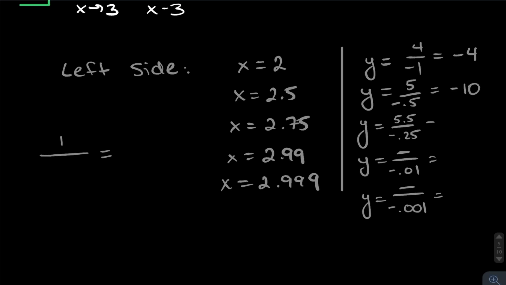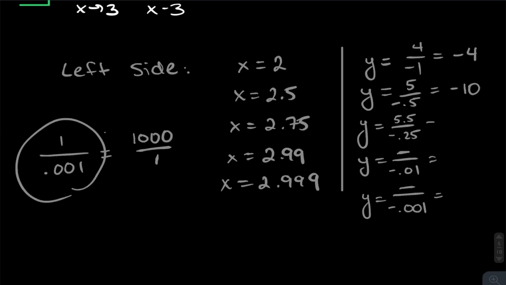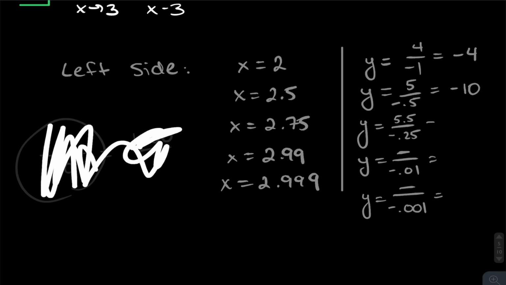But if you have 1 over 0.001, that's comparable to 1,000 divided by 1. That's the same exact idea. So this thing is equal to 1,000 or something like that. The whole idea is that when you have a really small denominator, you end up with something that's really big. Okay?